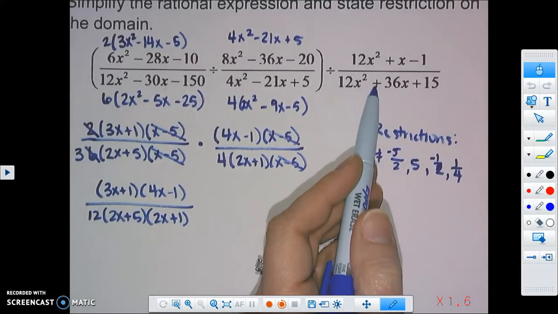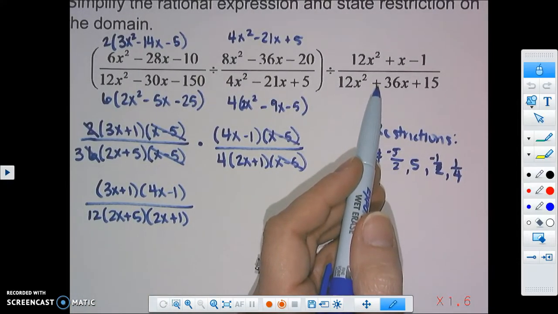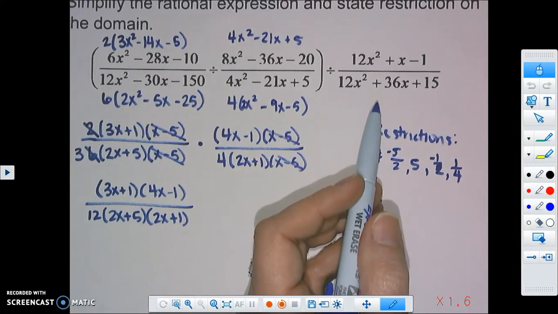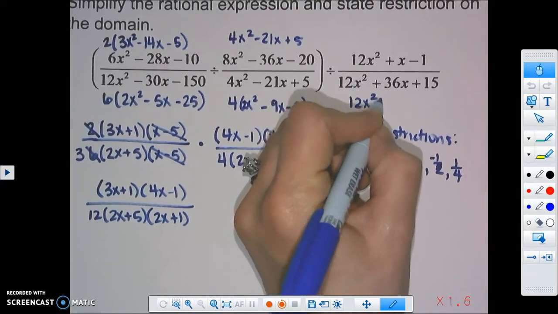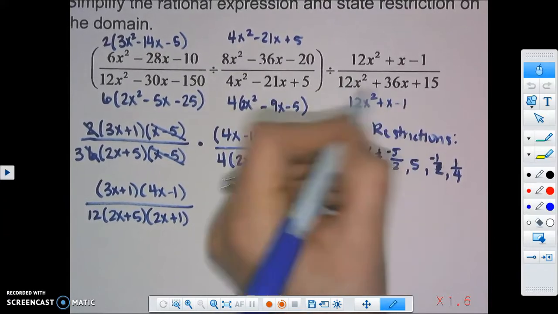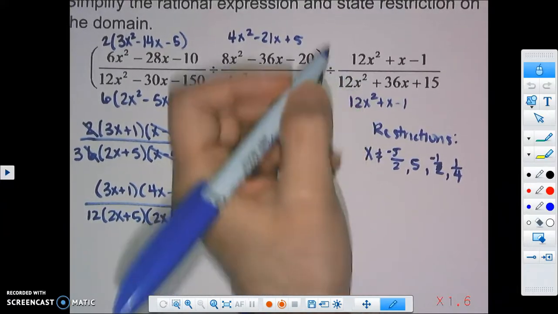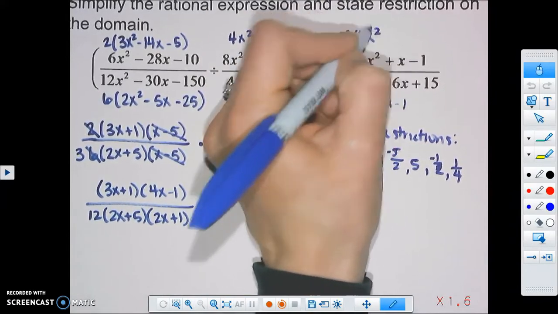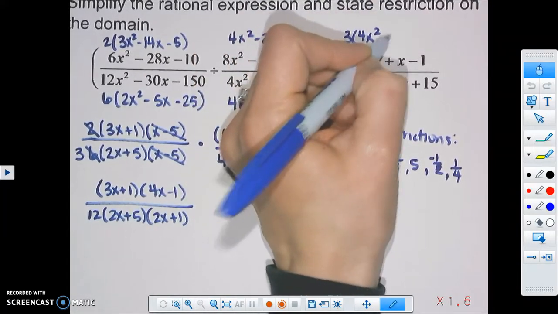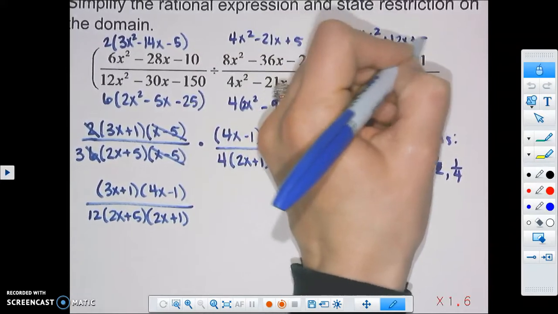Now this fraction over here, we do need to take and flip. And then we also need to work on finding GCFs of those pieces as well. So there's no GCF here, but that is going to come down to the bottom. And in the denominator, that's going to move up, we can take a 3 GCF out. So that would leave us with 4x squared plus 12x plus 5.